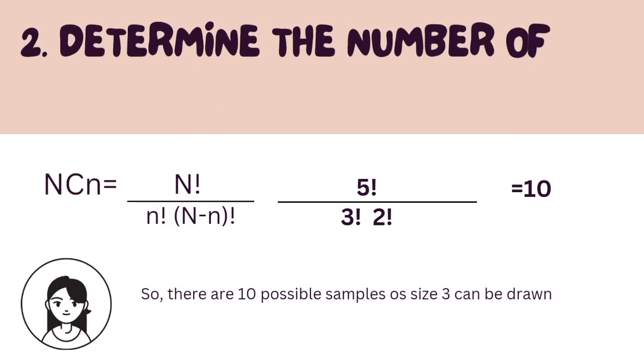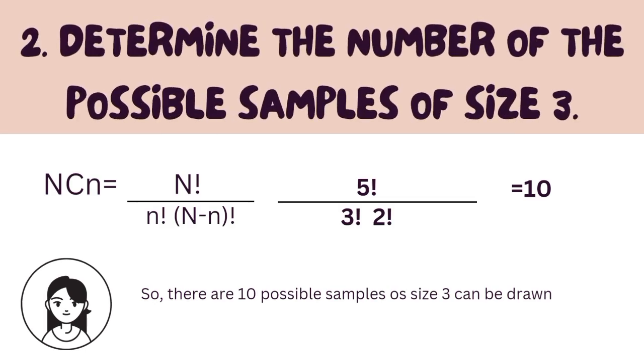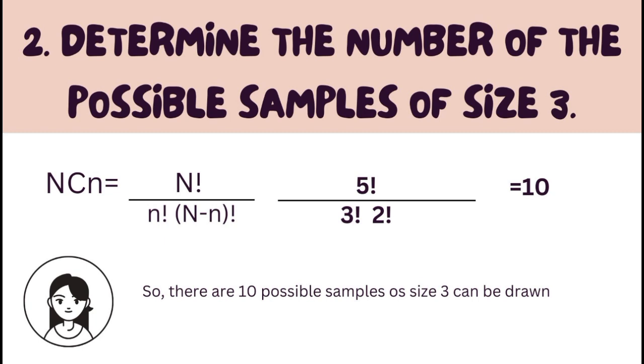Step 2. Determine the number of possible samples of size 3. Using the formula shown on the screen, first we must identify the population size as well as the sample size. 5 factorial is equivalent to 5 times 4 times 3 times 2 times 1, while 3 factorial is equivalent to 3 times 2 times 1, and 2 factorial is equivalent to 2 times 1.